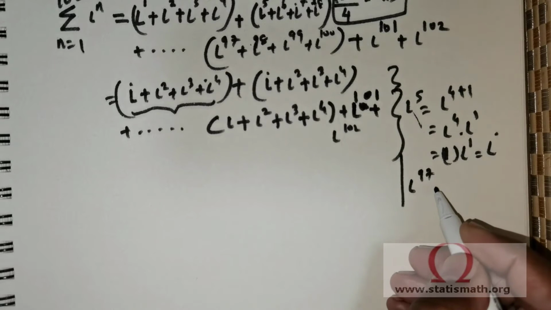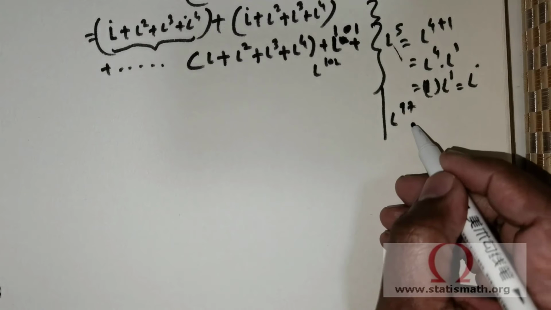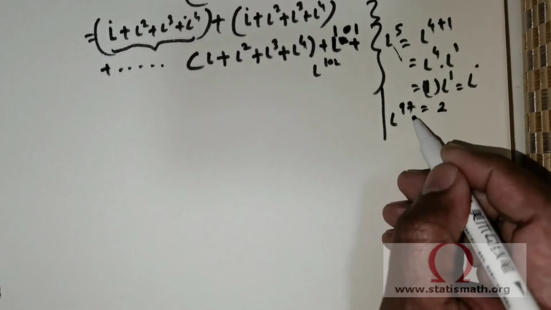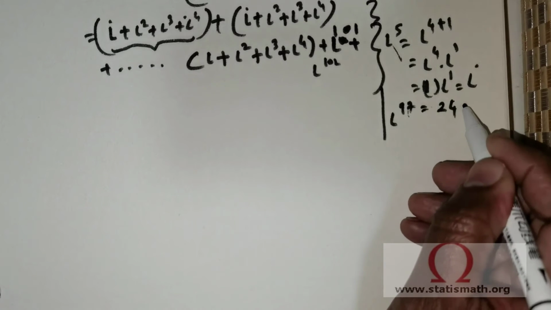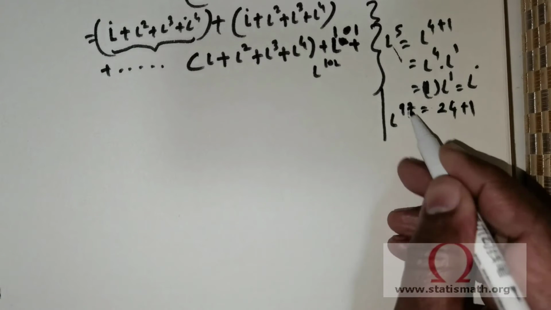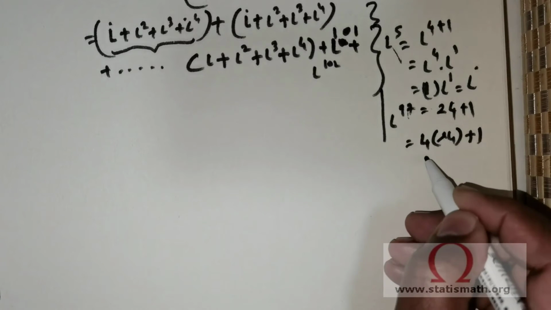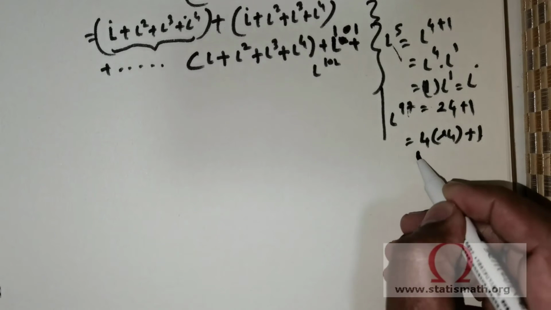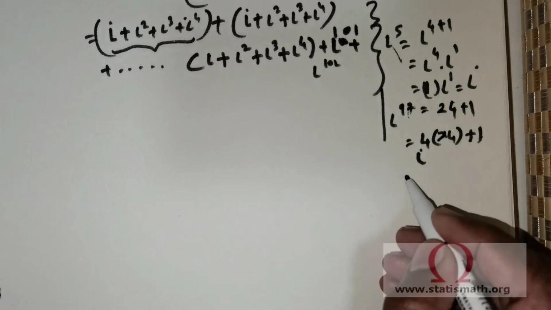This can be written as an expression in terms of 4. 4 divides 9 two times and you carry 1 over there, so that would mean you have 24. 4 times 24 is 96, plus 1 would give you 97. So this is going to be the expression for i power 97.